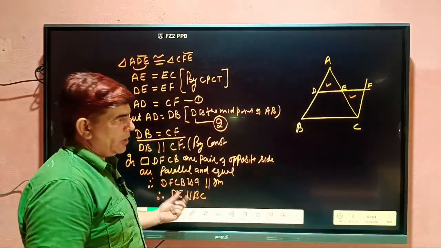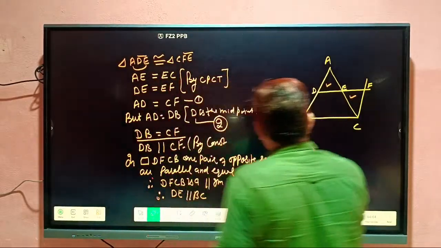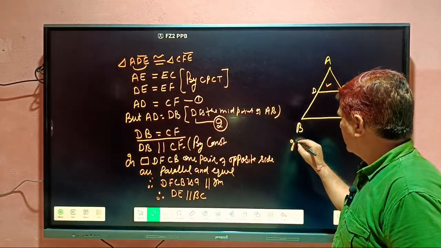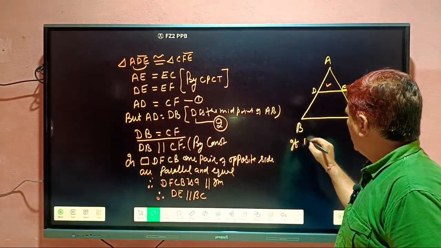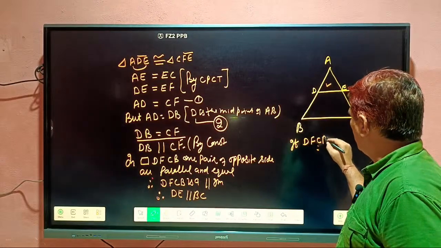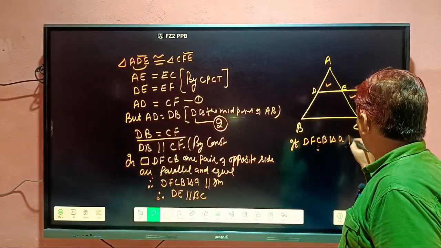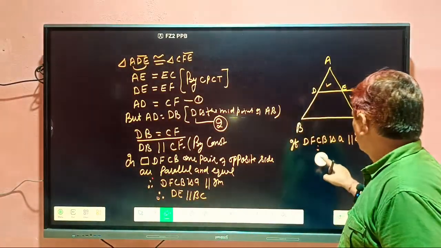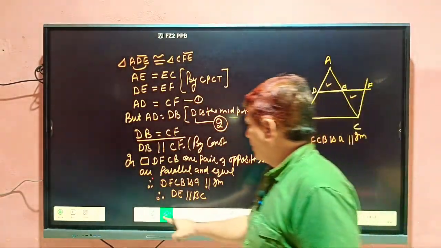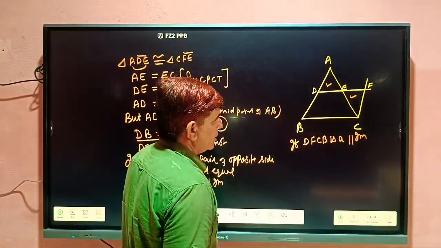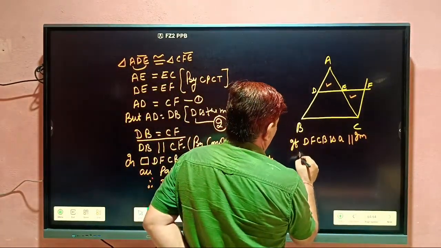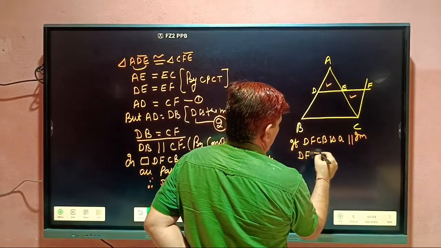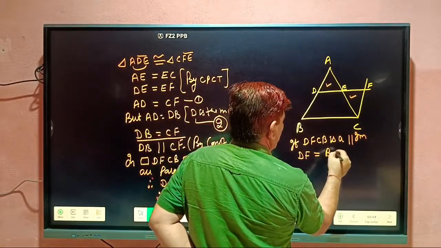If DFCB is a parallelogram, it means the pair of opposite sides is equal. DF equal to BC.